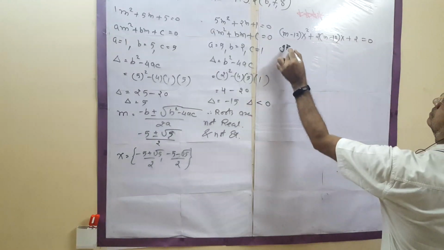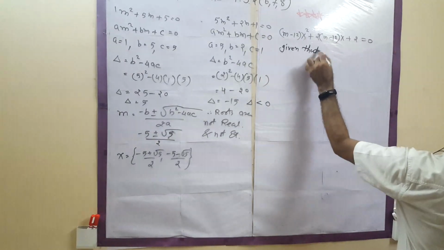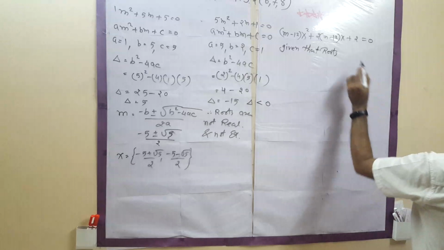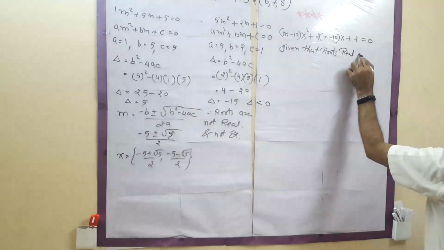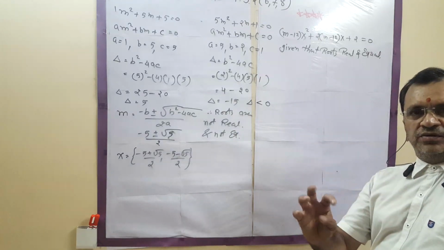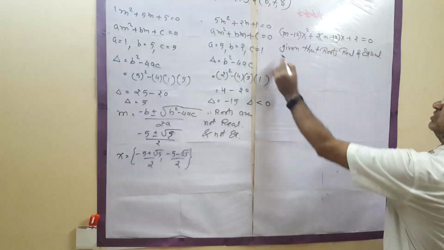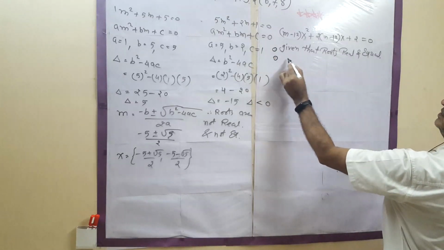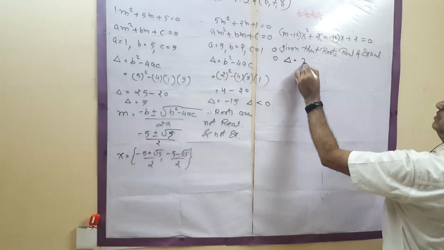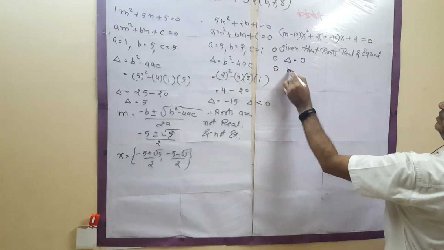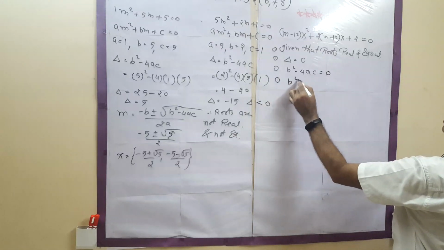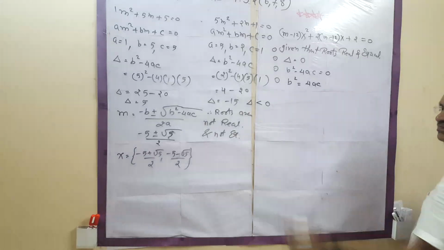Given, four steps independently you have to write. This is first, second, therefore delta is equal to 0, therefore b square minus 4ac is equal to 0, therefore b square is equal to 4ac.